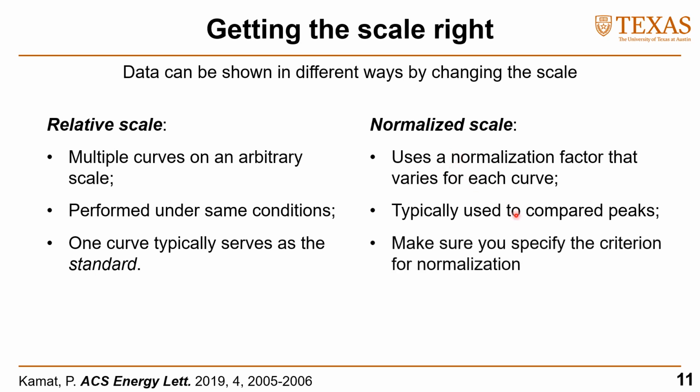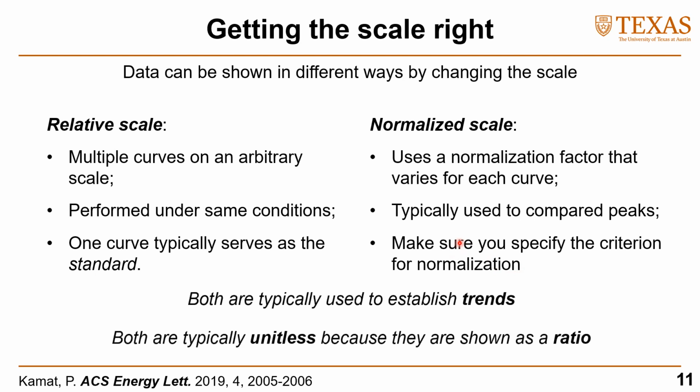And it's important that you always specify your procedure for normalizing this. Are you dividing this by the intensity of the control sample, the first sample, the last sample? So it's important to always be specific. How are you normalizing the scale in this plot? And you can show that in the figure caption.